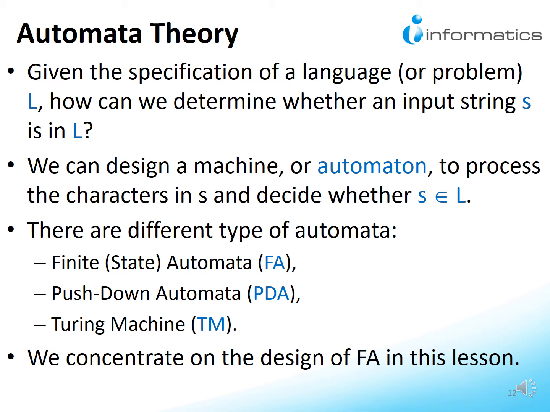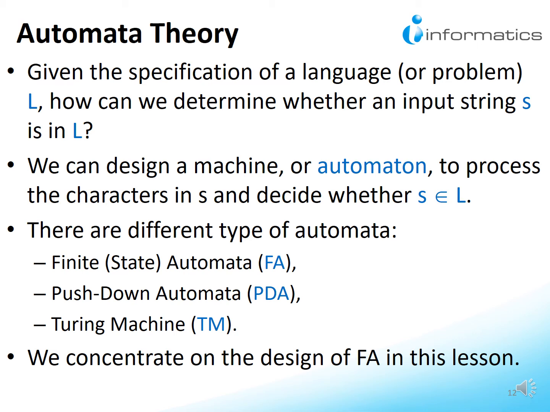We solve a problem by designing a machine or automaton. And this machine will process the characters in a string and decide whether the string is a yes instance or a no instance. If it belongs to the yes instances, we say the machine accepts the string.